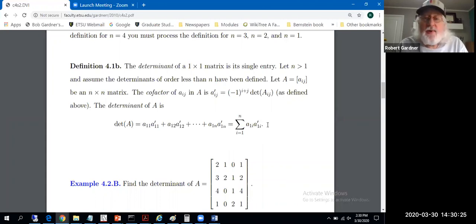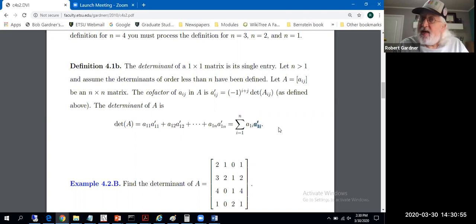All right, so what we're doing is staying with this first index as 1. So that means we're staying in the first row, and we're letting i range from 1 to n. So what we're doing is running along the first row in this particular definition. We're taking matrix entries and multiplying them by cofactors. You see these cofactors with primes?